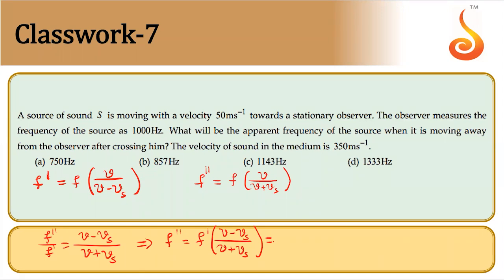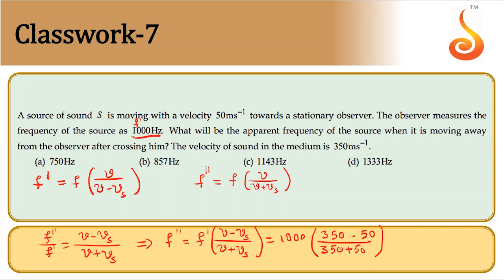Now everything is given. This is f dash, the apparent frequency. So 1000 into v minus vs, 350 minus 50, divided by 350 plus 50.